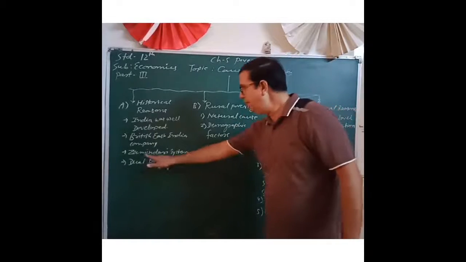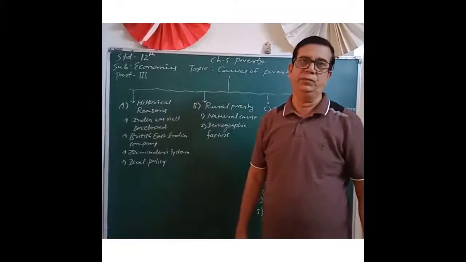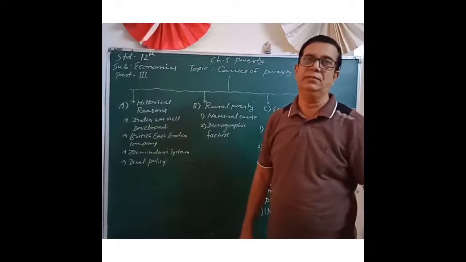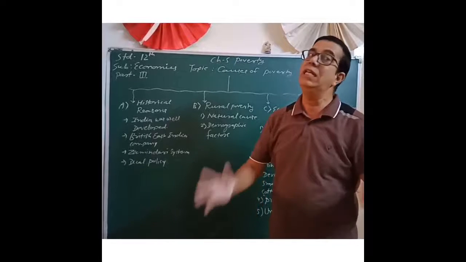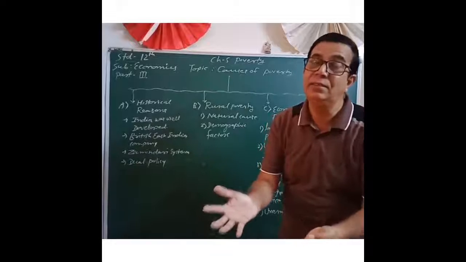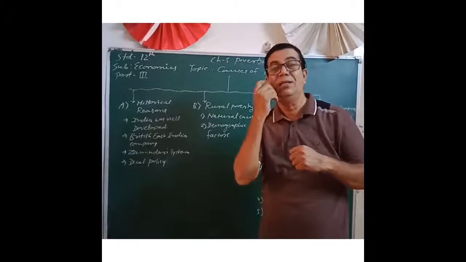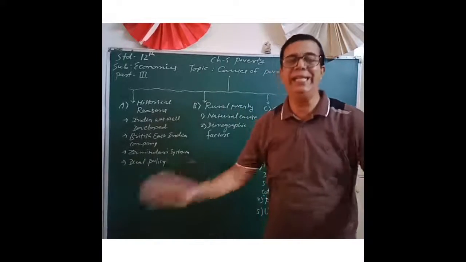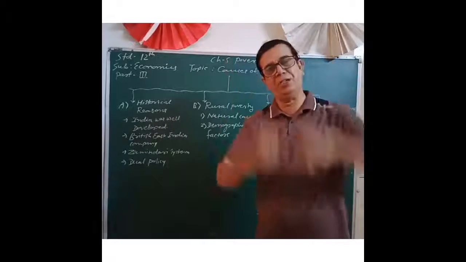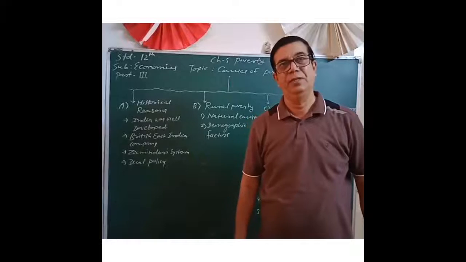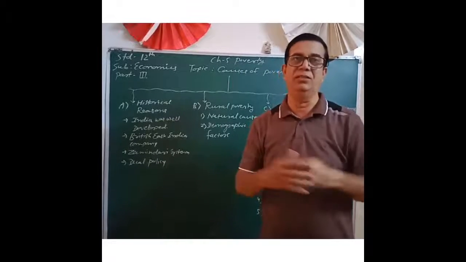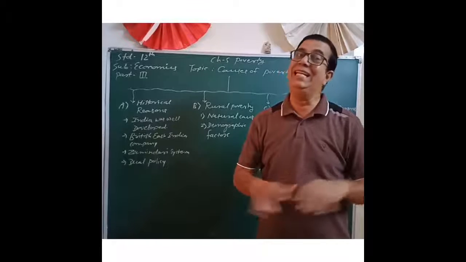After that, the zamindari system was there. The owner of the land is called a zamindar. The zamindar had land, but they did nothing to increase production in agriculture because they were landlords.